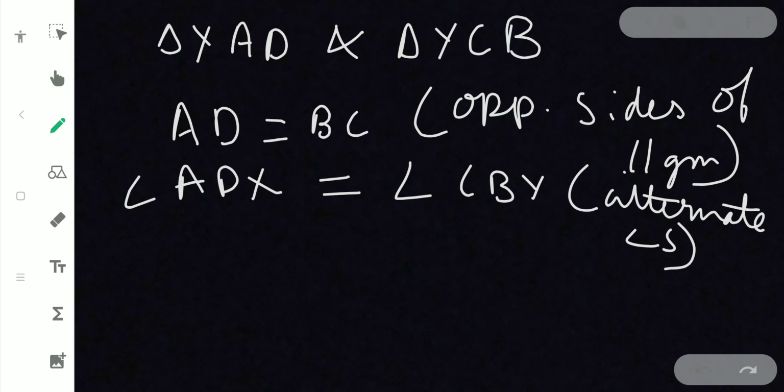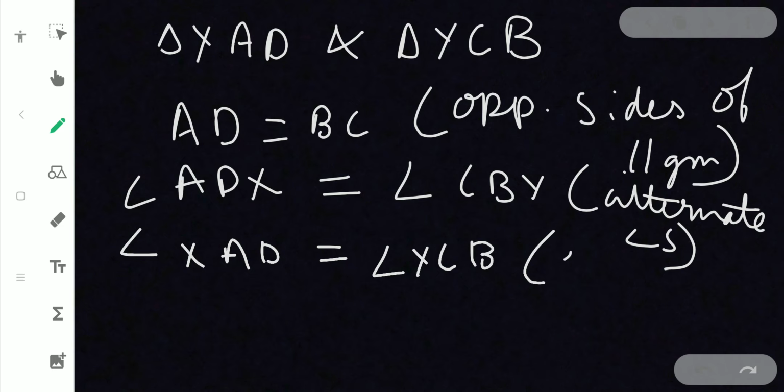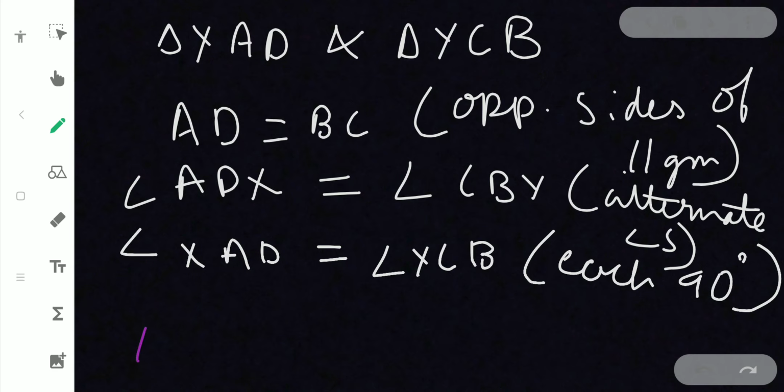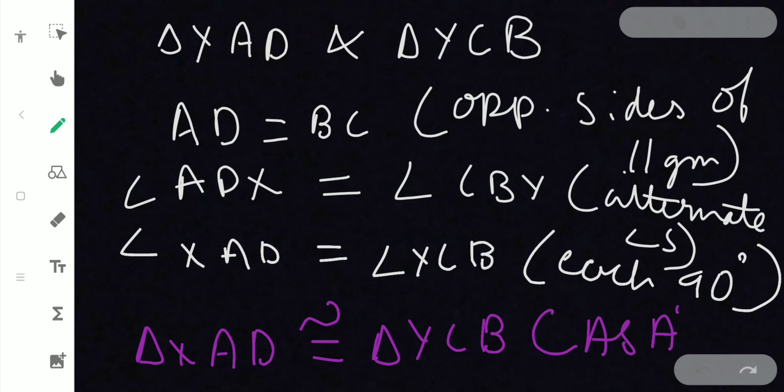So I will write angle XAD is equal to angle YCB, each 90 degree. So now I got my congruency all parts. So now I will be writing here triangle XAD is congruent to triangle YCB by angle side angle.